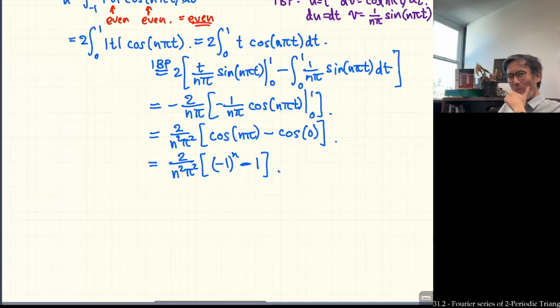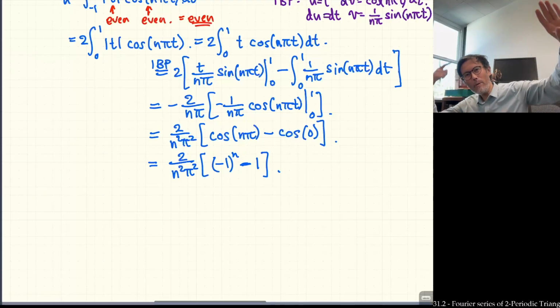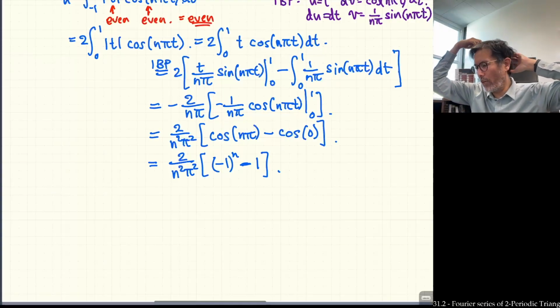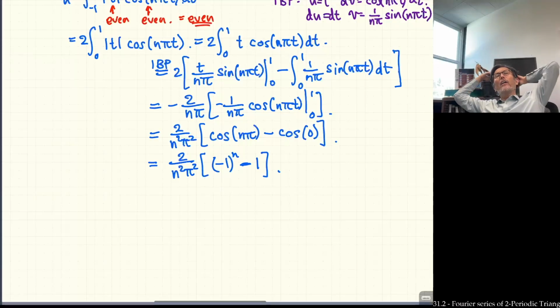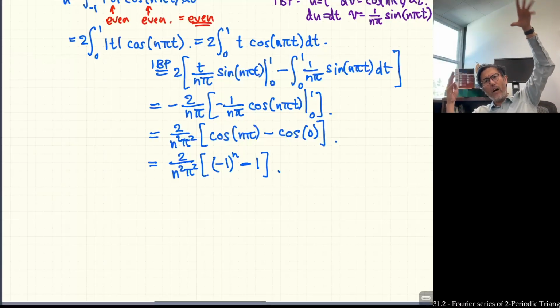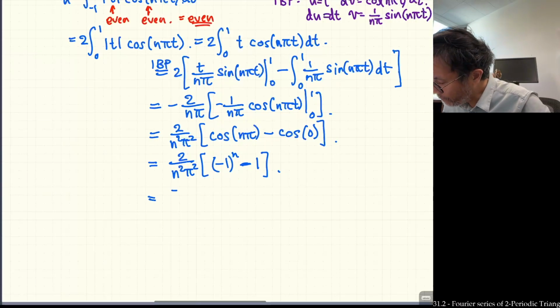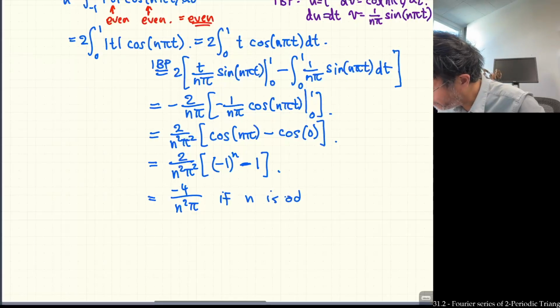Now think about n as it runs through the positive integers. Let's think about n odd first. If n is odd, (-1)^n is -1, and -1 minus 1 is -2. So this is equal to -4 over n squared pi squared if n is odd.